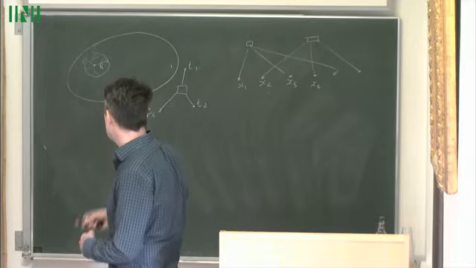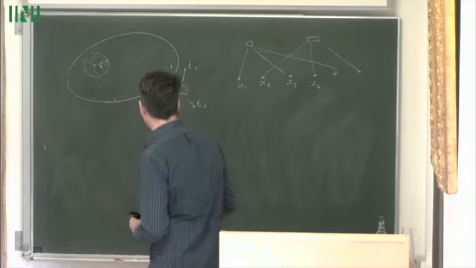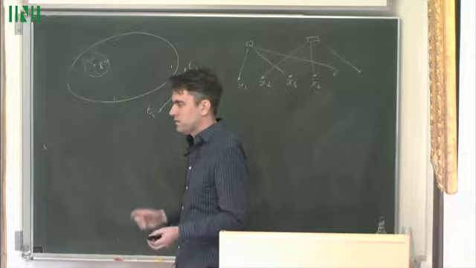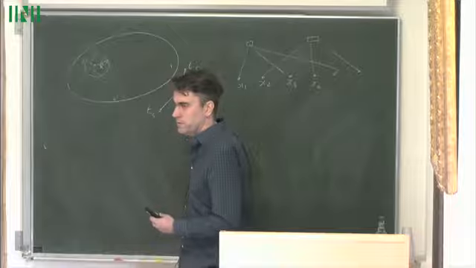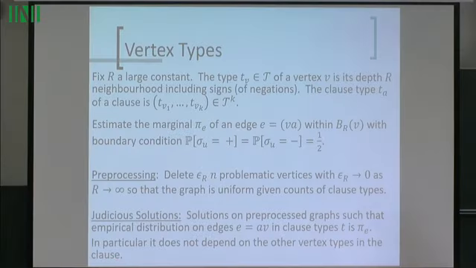You could say, okay, we'll look at all the clauses of this clause type in the problem, and then look at all of the edges that correspond to this edge type, what fraction of them are blue, red, yellow, and green. So look at the empirical distribution of that. And what we're going to do is force that to be this pi of e, the one that we approximated from the local neighborhood. So this is kind of convoluted. Okay, and solutions that satisfy this for every edge and clause type we'll call judicious solutions.